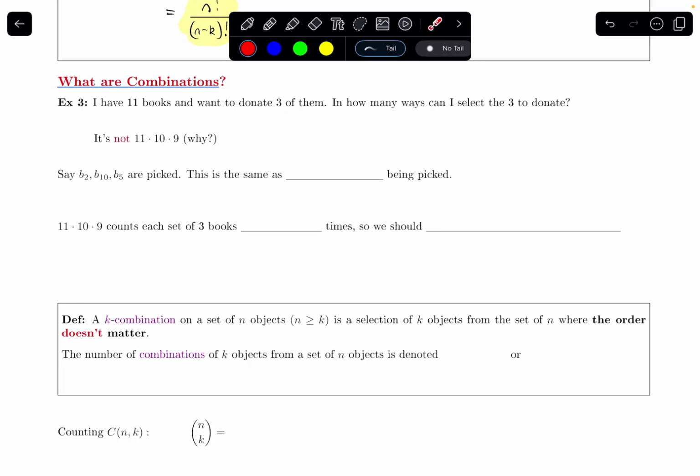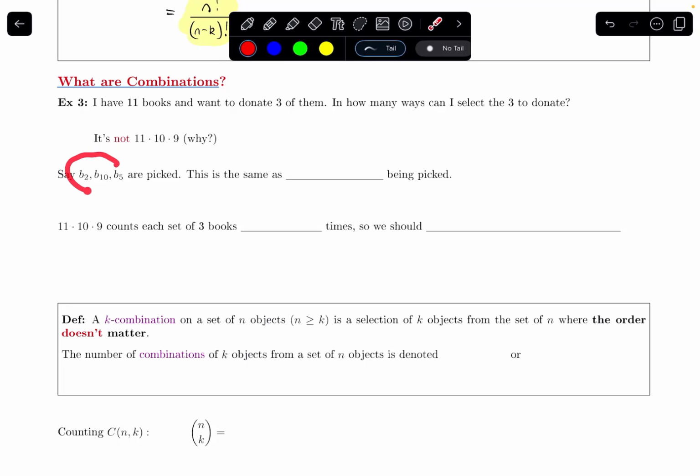So I first want to notice that it might be tempting to say that there's 11 choices for the first book that I pick. That leaves 10 choices for the second book I pick, and then 9 choices for the third book remaining. But it turns out it's not just those 3 values multiplied together. So why is that? Well, for example, let's suppose that the 3 books I pick are the second one, which I'll call B2, and then the 10th book B10, and the 5th book B5.